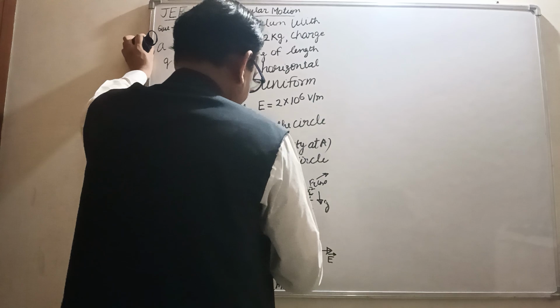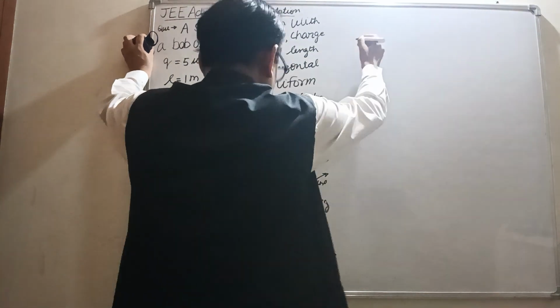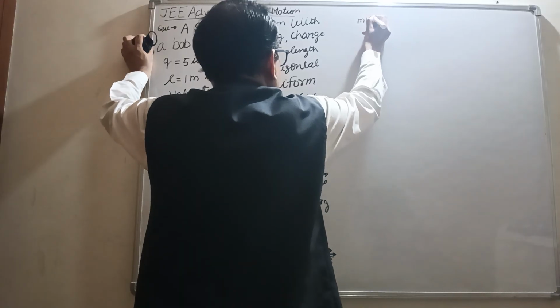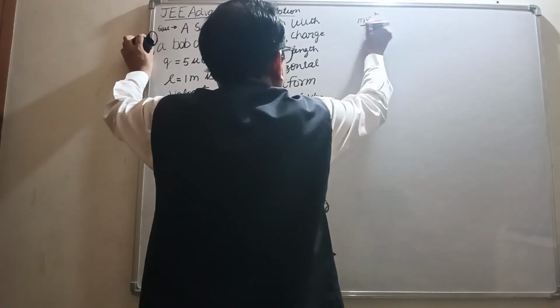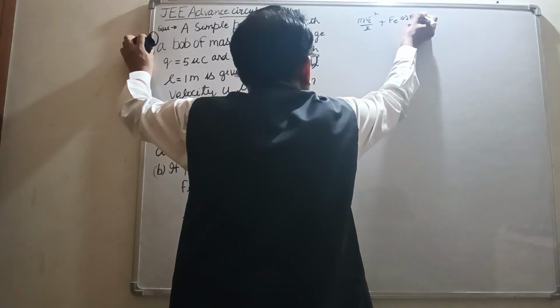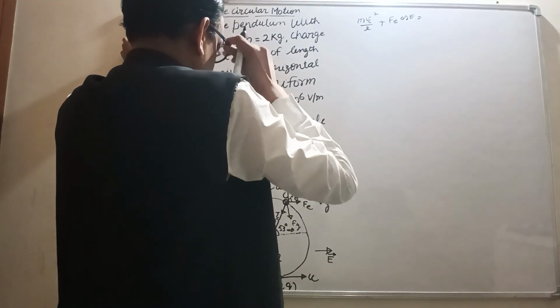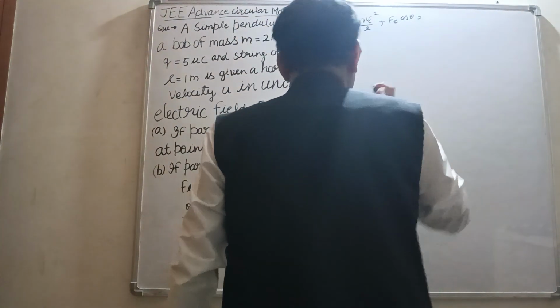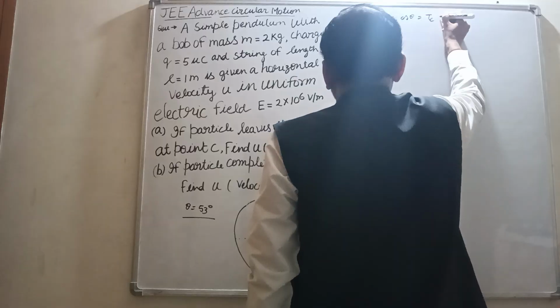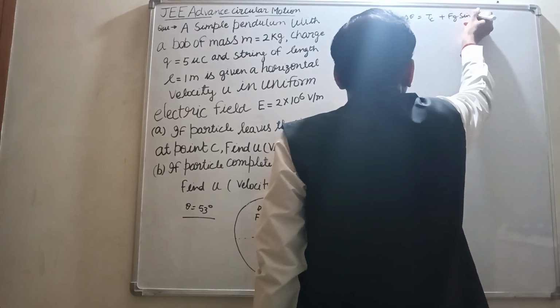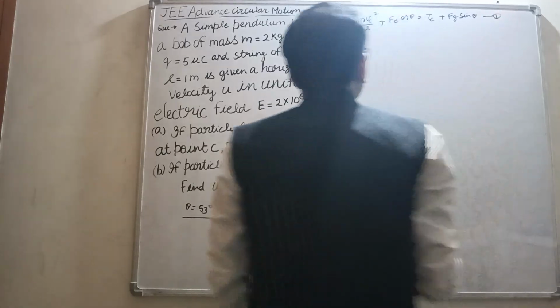So balancing the force equation, this would be m vc square upon L plus Fe cos theta is equal to tension Tc plus Fg sin theta. So this is the first equation.